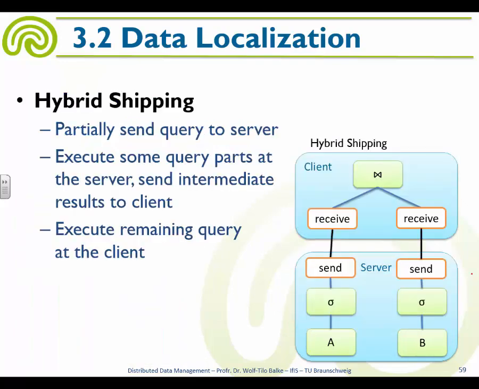Okay? Good. Then there's hybrid shipping solutions. So maybe you give part of the query to the server and say, well, instead of shipping all the data, maybe the selections can be shipped to the server already, and then only few data is shipped.